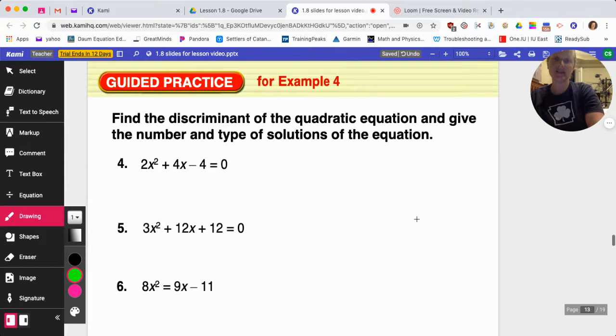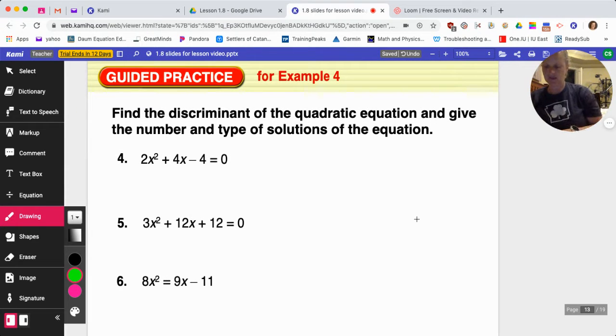Guided practice. I'm going to let you guys do this a little bit more. Number 4 will give you 2 real solutions. Number 5 will give you 1 real solution. Number 6 will give you 2 imaginary solutions.